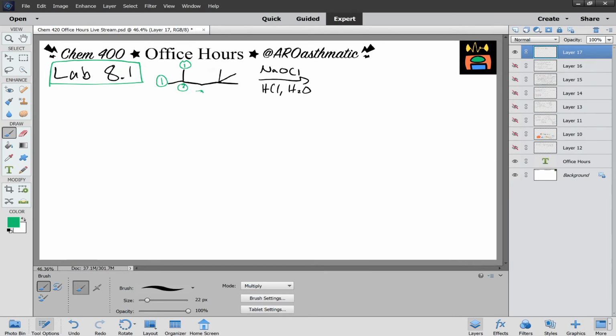There's 2, 3, and then 4, right? No matter which methyl we chlorinate on the end, there's only 4 unique monochlorination products, right?